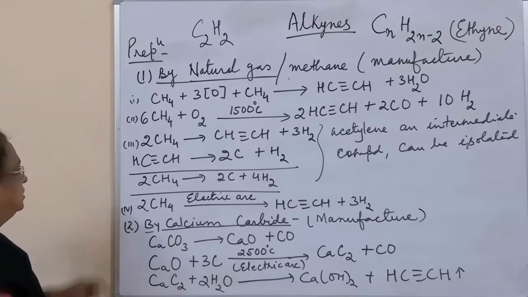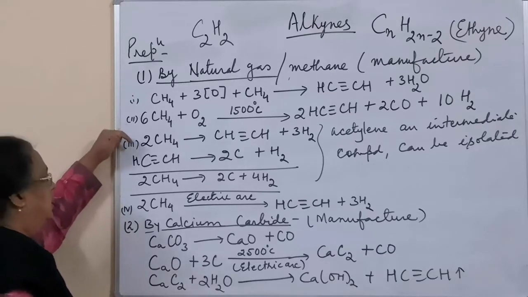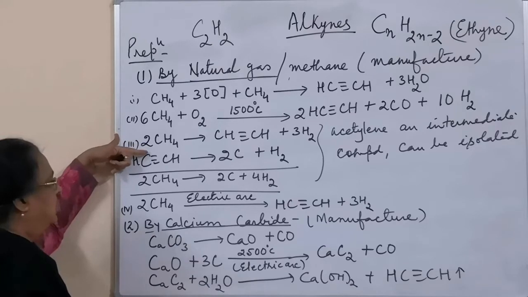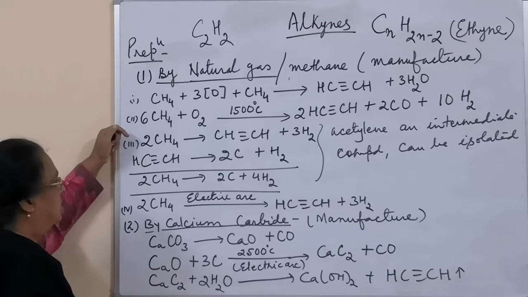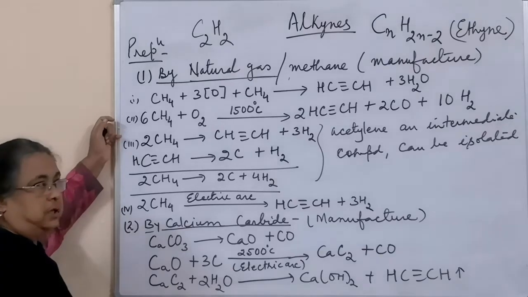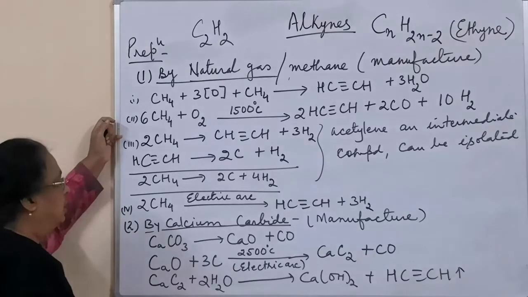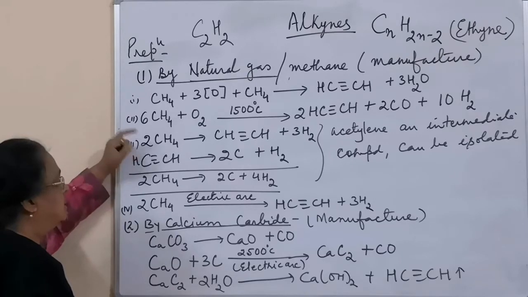The next reaction, the third reaction, is in steps. That is methane. It is decomposing in this. Actually, you can say that methane, when heated strongly at very high temperature, turns into acetylene.